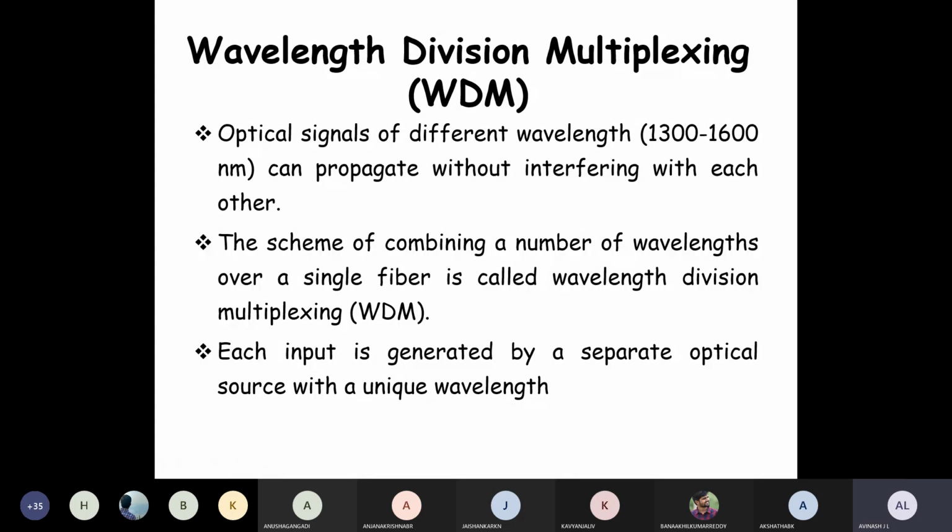This concept of multiplexing you have studied since semester 3. In the logic design or digital electronics subject, you studied multiplexers, many to one, 2 to the power of n to 1. That means many signals are combined together, and one after the other we receive them at the output.